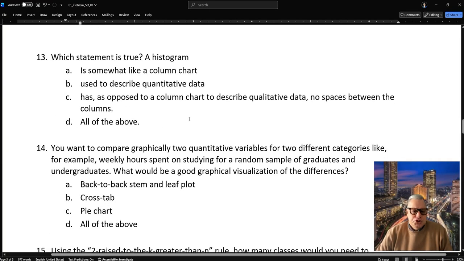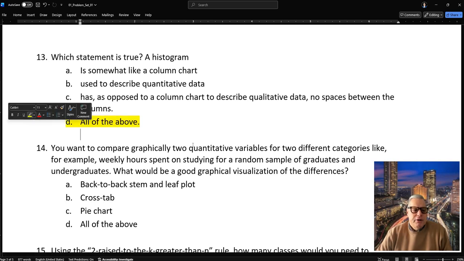Which statement is true? A histogram is somewhat like a column chart. Yeah, this is true. Used to describe quantitative data. Well, that's also true. Has, as opposed to a column chart to describe qualitative data, no spaces between the columns. That's also true. So it's all of the above.